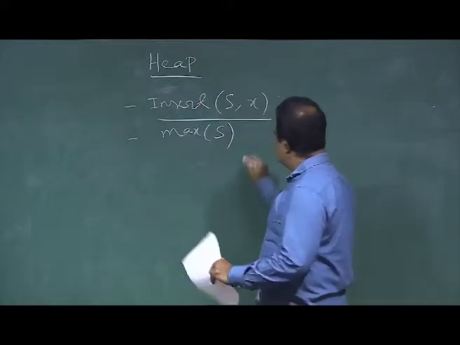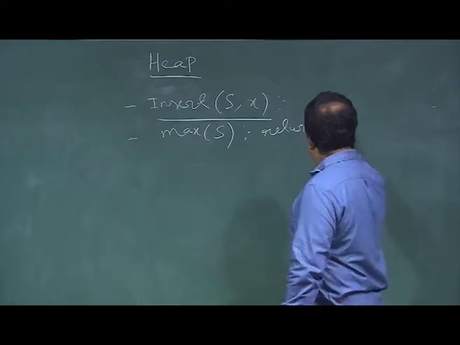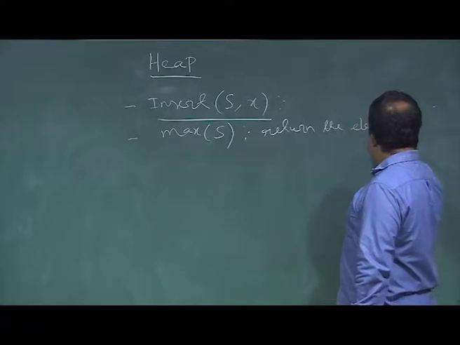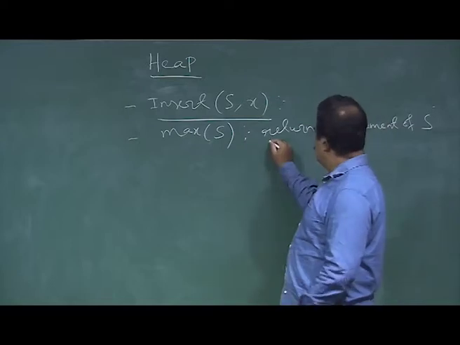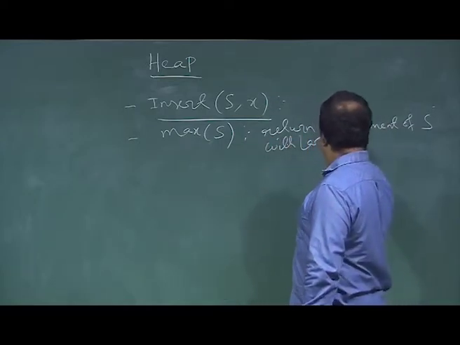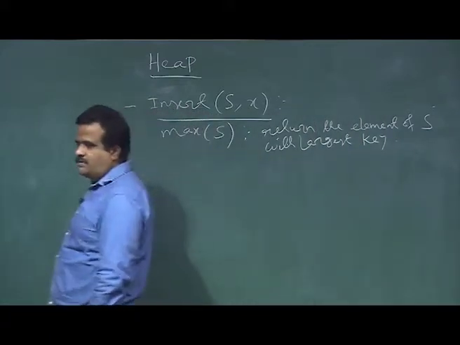This basically returns the element of S whose key value is maximum, the element with the largest key value. So, we are looking for the maximum element from this set.